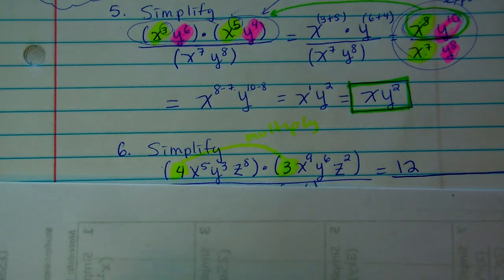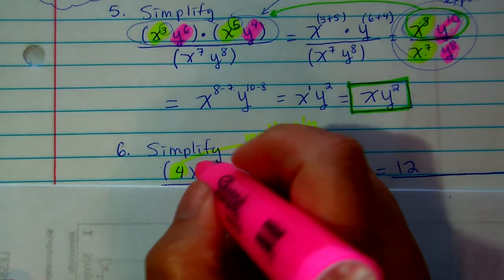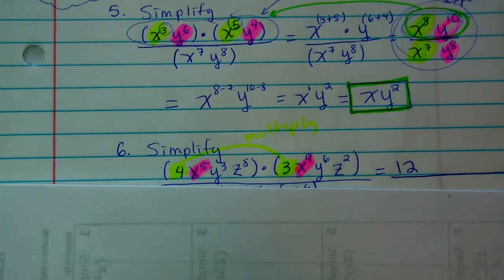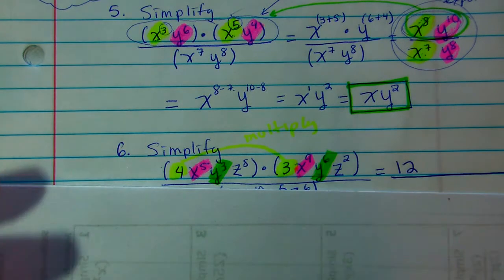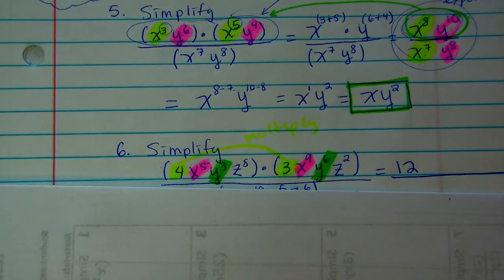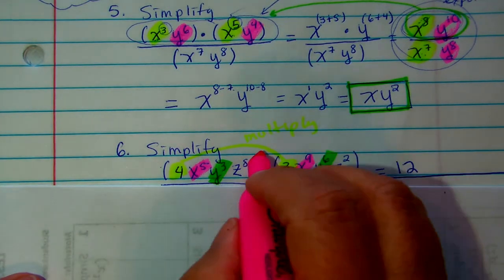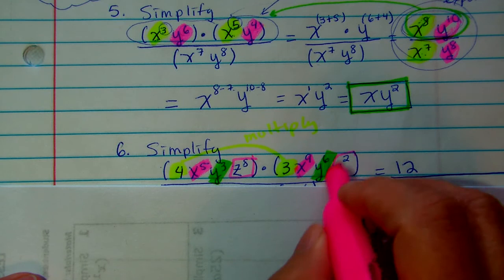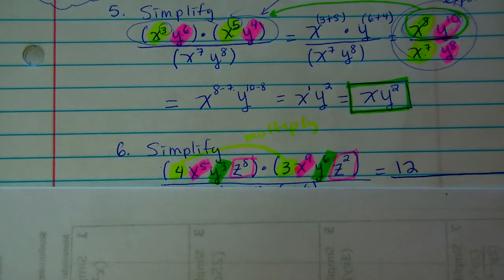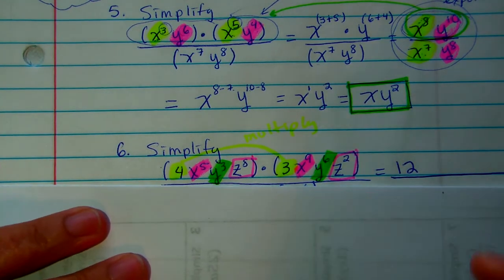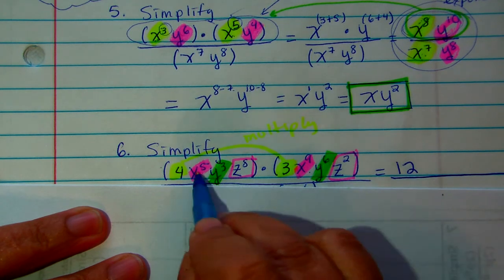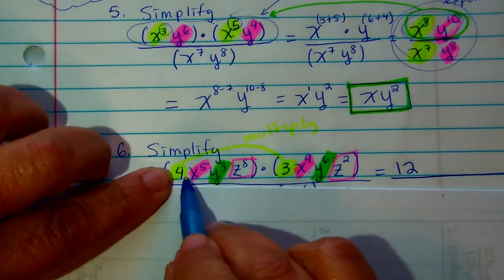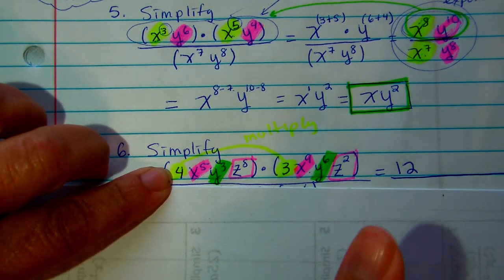Now let's start simplifying the x's, the y's, and the z's. Okay, so let's begin. When you multiply the coefficients, you don't need to use the laws of exponents.